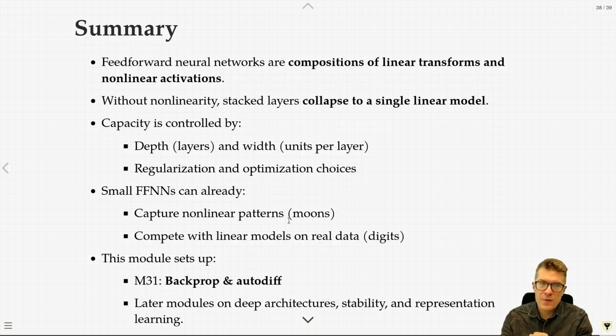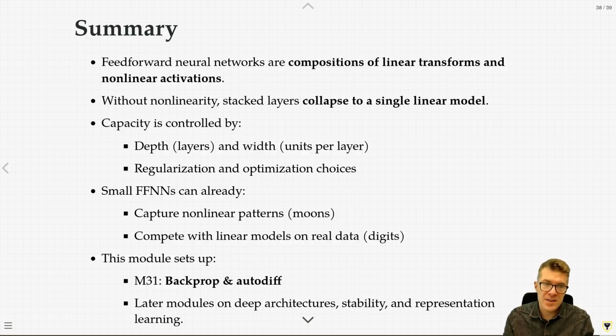Feedforward neural networks are compositions of linear transformations with nonlinear functions. Without these nonlinear activations, like tanh, sigmoid, or ReLU, all of these stacked layers are essentially going to boil down to a single linear model, and we've gained nothing. So to learn nonlinear functions, even with however many layers you want, you still need the nonlinear transformation, the function g.